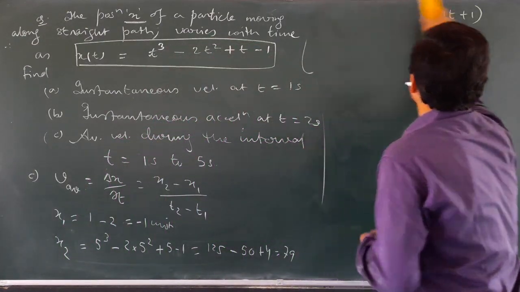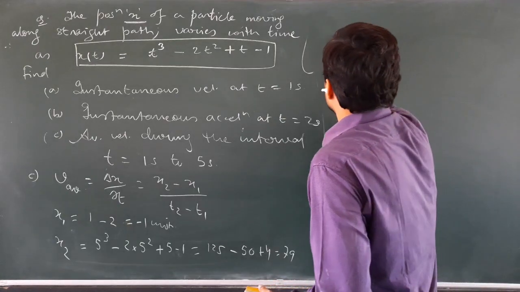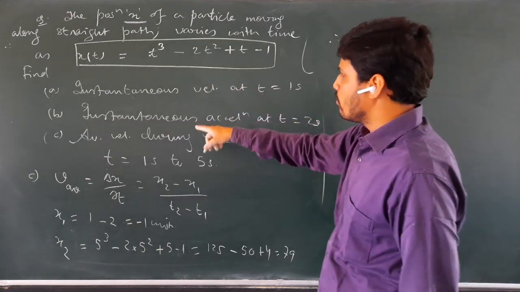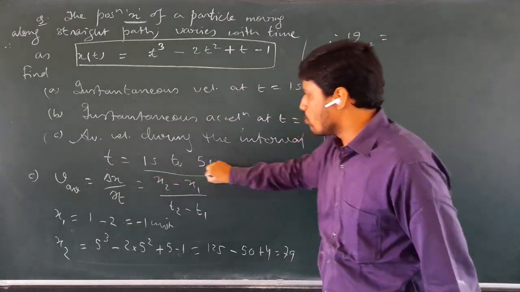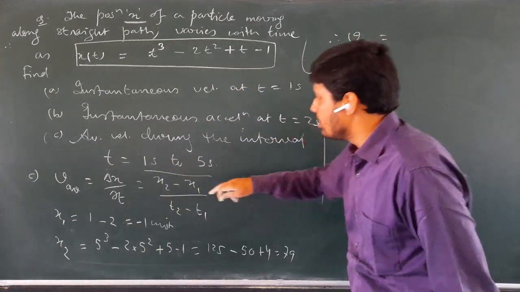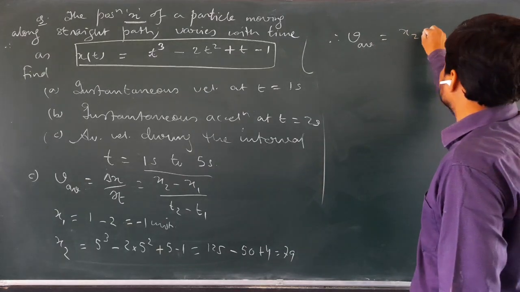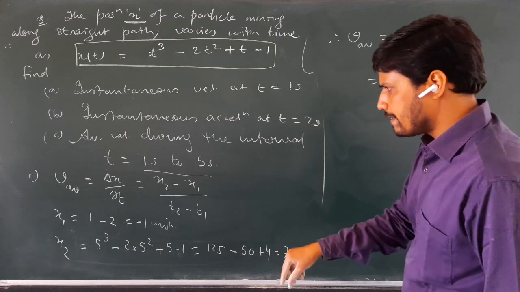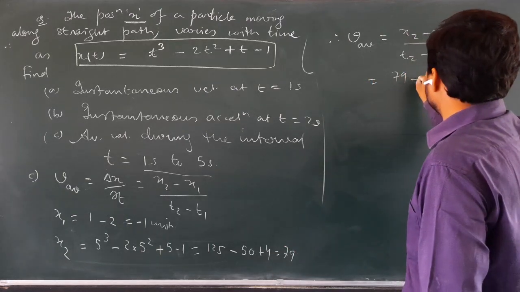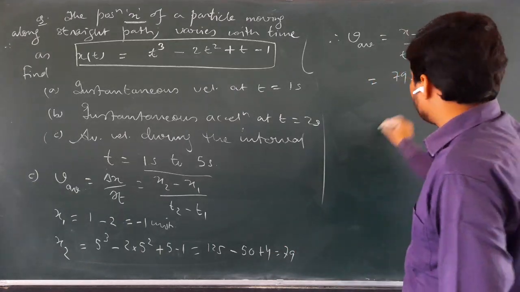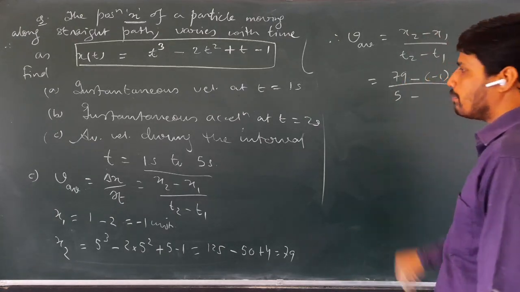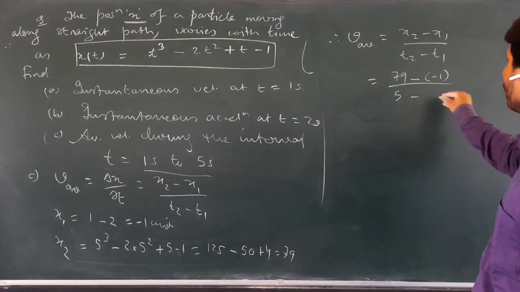And therefore, average velocity during the given interval from 1 second to 5 seconds, we will use this particular formula. x2 minus x1 by t2 minus t1. So x2 is 79, x1 is minus 1, t2 is 5 minus t1 is 1.